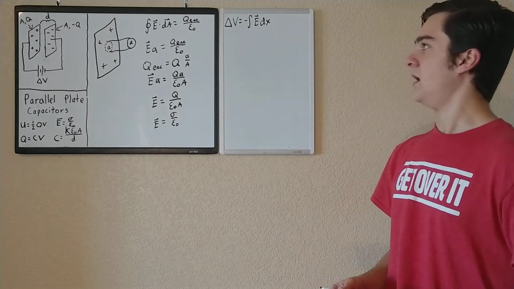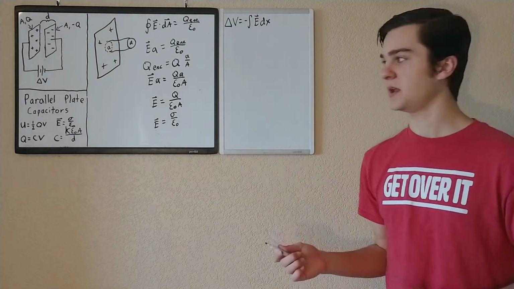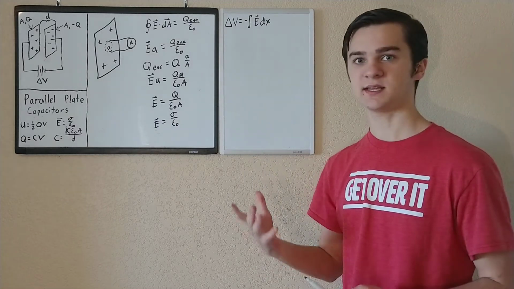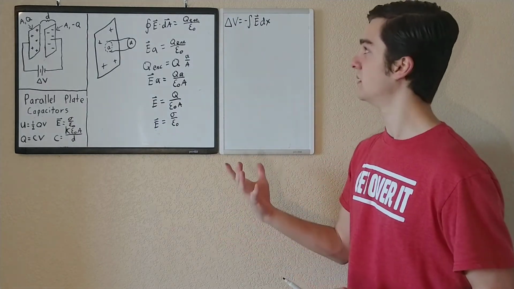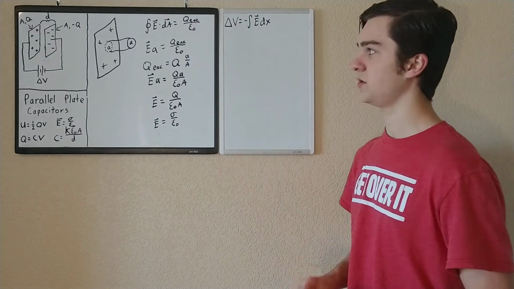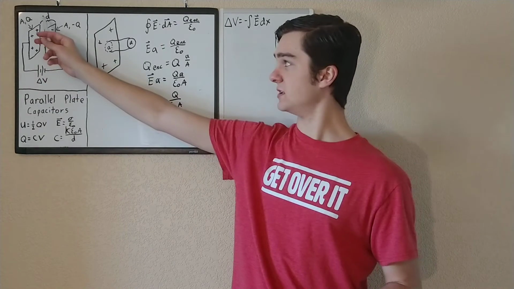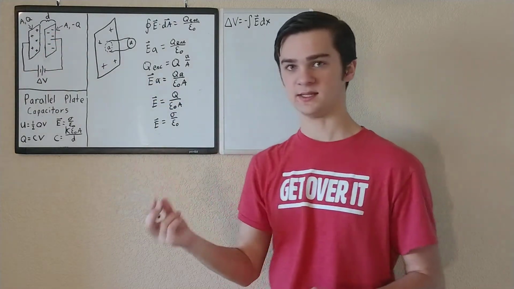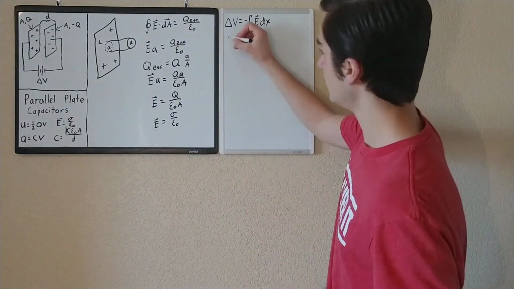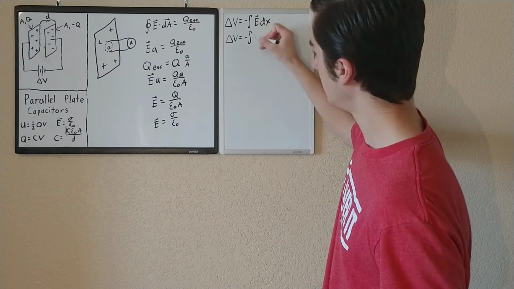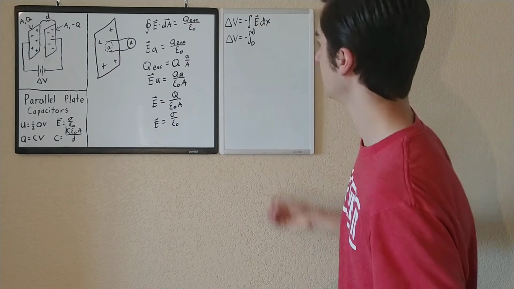Now, before we substitute in our electric field and add some bounds of integration, we need to discuss where we're integrating. It makes sense that the bounds of integration are going to be from some value x equals 0 to some distance equal to our separation d. And so our change in voltage is some negative integral from 0 to d.